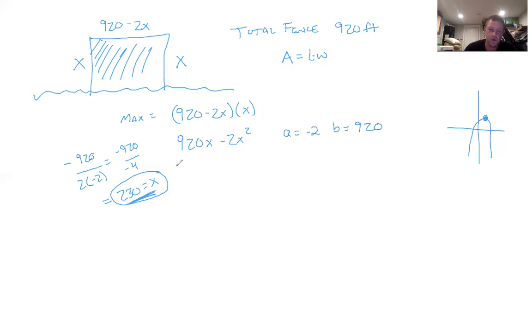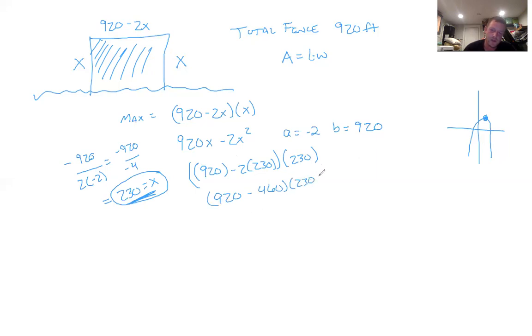Well, in order to find the total area, all I've got to do is plug it in. So it'd be 920 minus 2 times 230, times 230. So that'd be 920 minus 460, times 230.